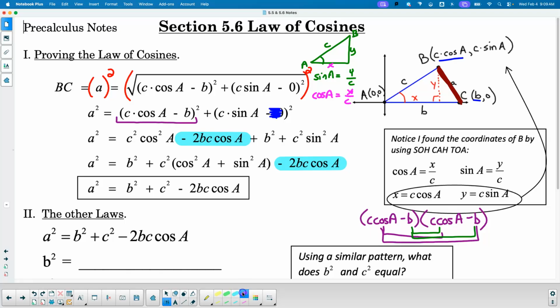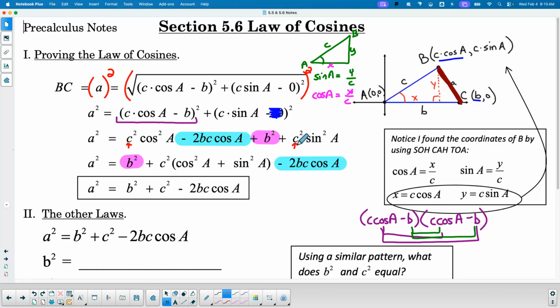B squared is just b squared. But the other two both have a c squared in them. So we can factor out this c squared, which leaves c squared times the quantity cosine squared plus sine squared, both of angle A. What is cosine squared of angle A plus sine squared of angle A?